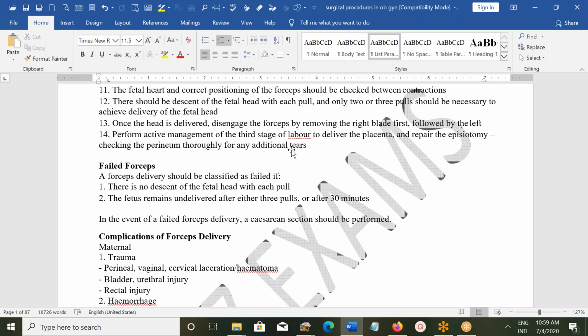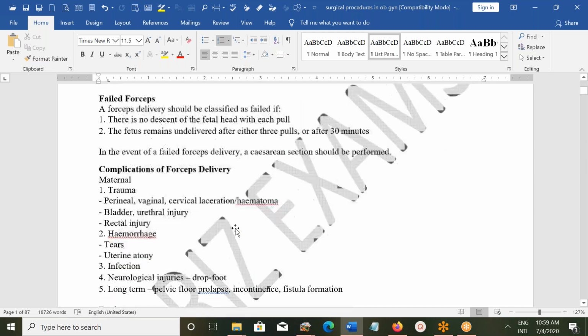Forceps delivery should be classified as failed if there is no descent of the fetal head with each pull, or the fetus remains undelivered after either 3 pulls or after 30 minutes. In the event of a failed forceps delivery, you should go for a cesarean section.